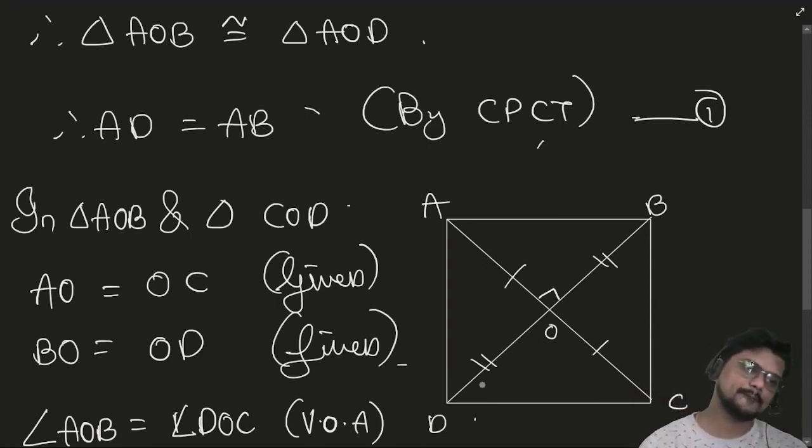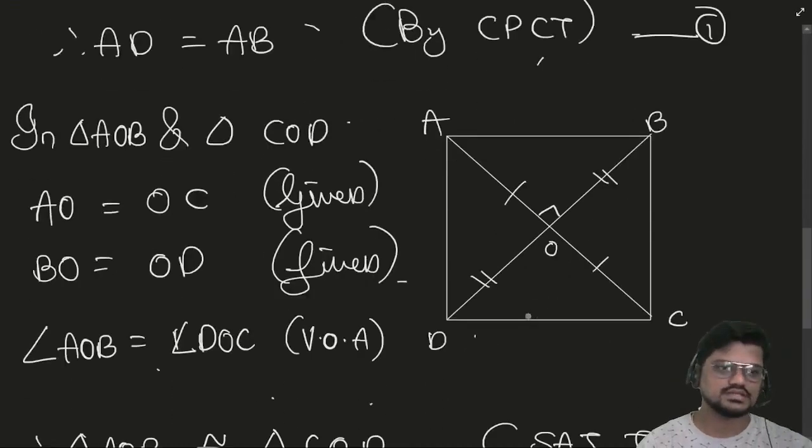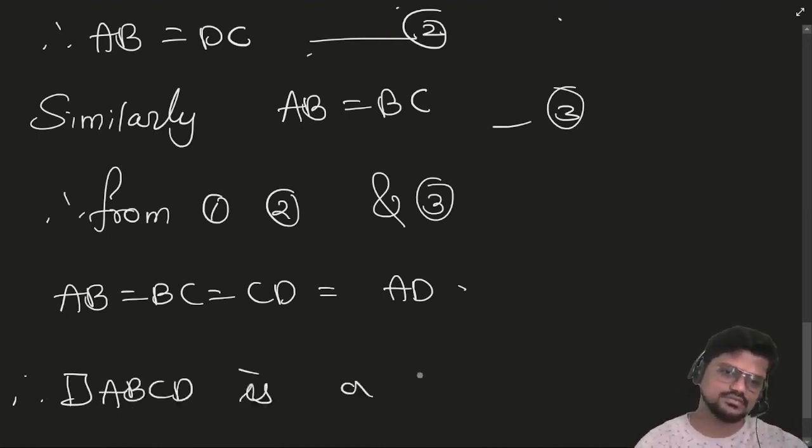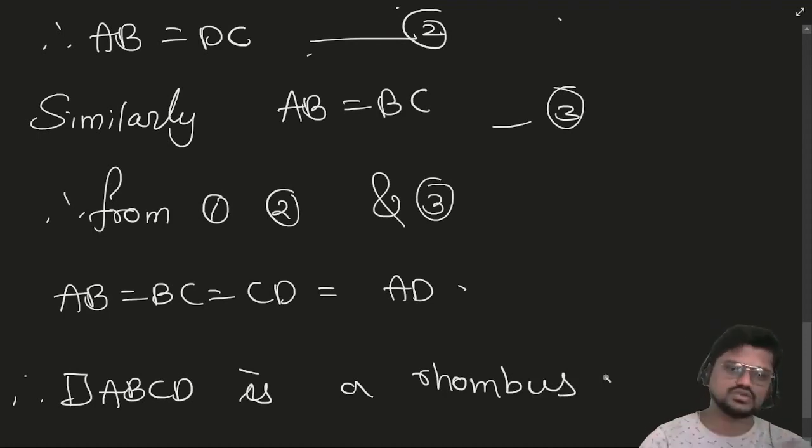The reason we can write is because ABCD is a rhombus. It has to be a rhombus, no? For a rhombus only, this is the criteria. All the sides should be equal, not 90 degrees. Only this is the criteria.